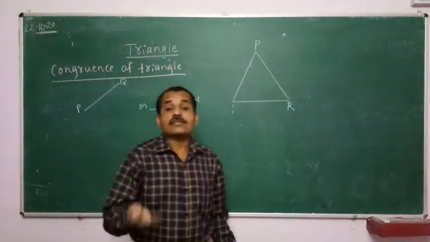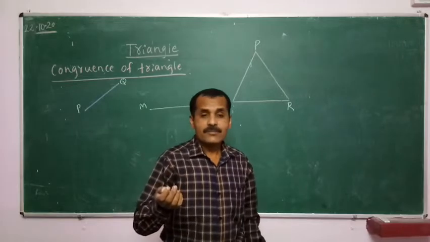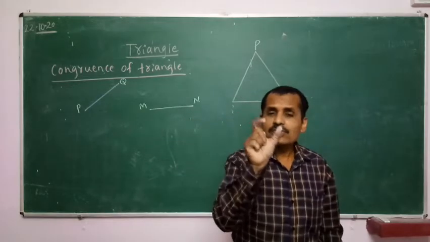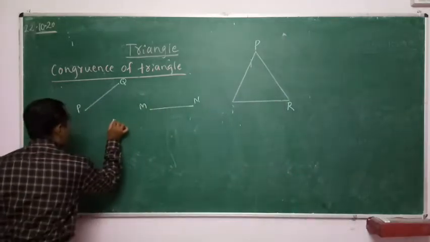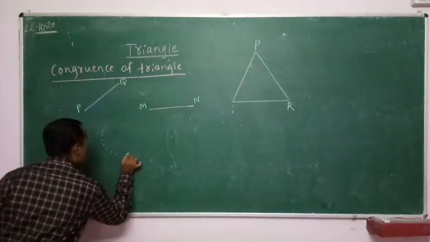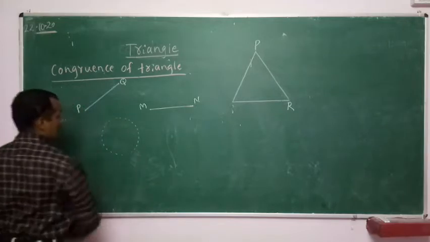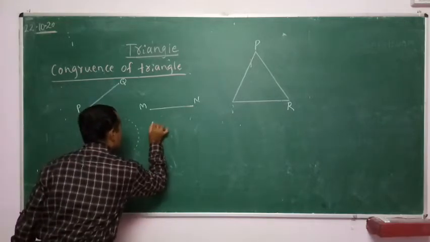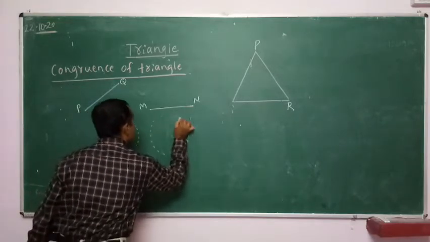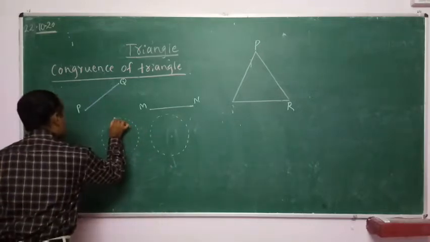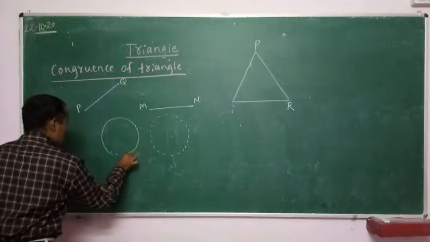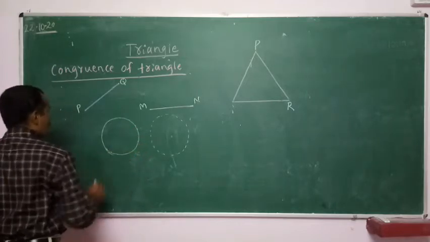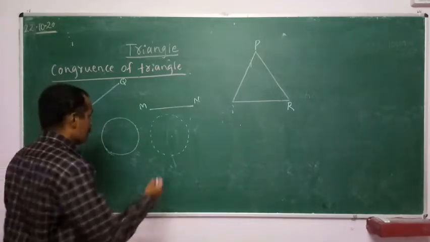I will take two circles. Here I will draw a circle, and here I will draw another circle. This is the first circle, and this is the second circle.